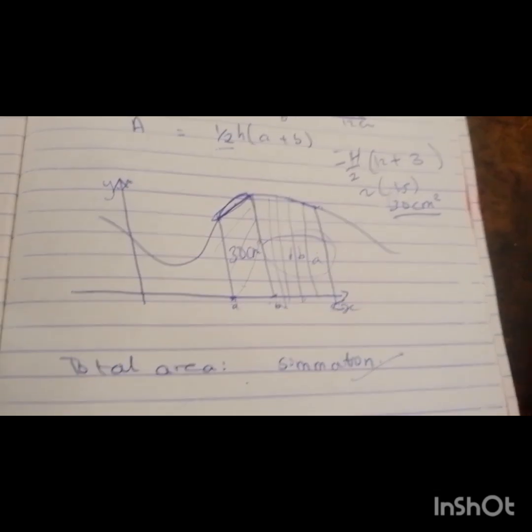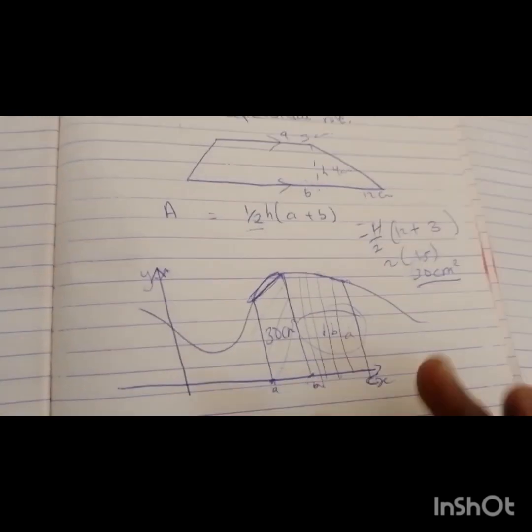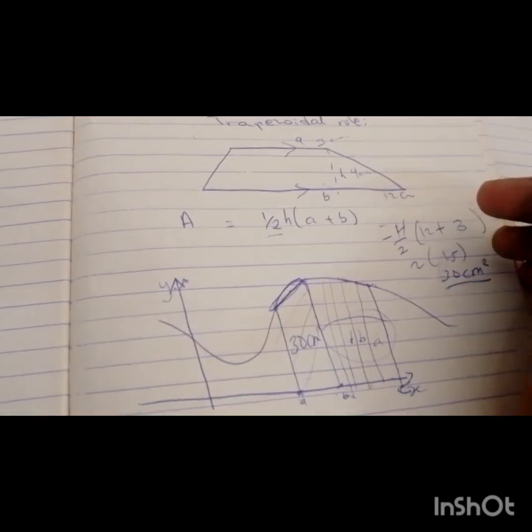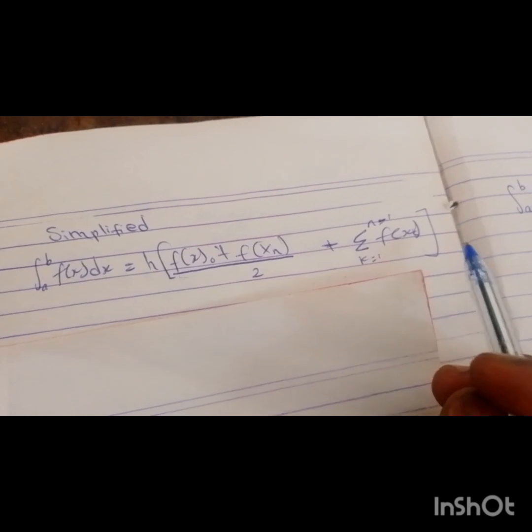So let's pick the formula. I don't know if he'll give the formulas in the exam room, but if he doesn't, you can simply keep it in your mind. It's simpler, it's just similar to this. Let me try to explain something before we get to the formula itself.